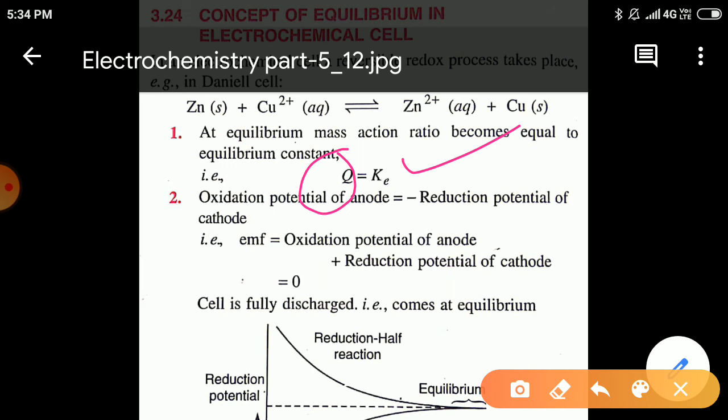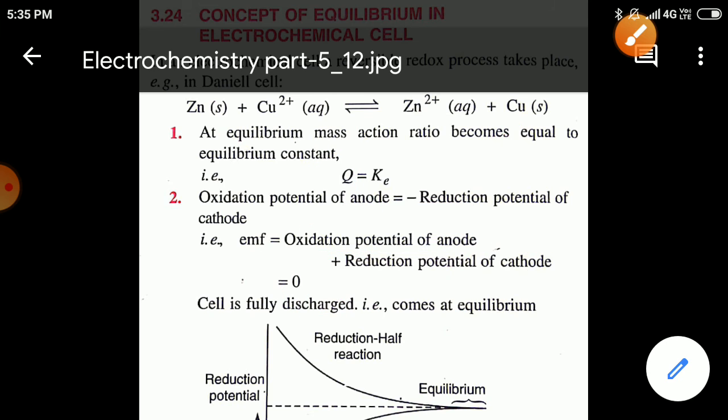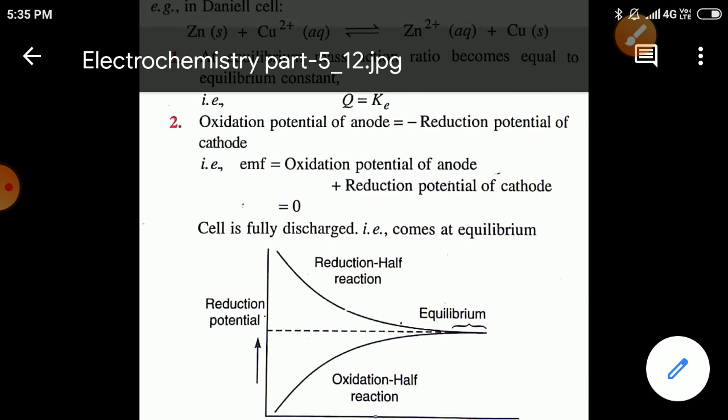Oxidation potential of the anode is found to be equal to reduction potential of the cathode. So in this condition, at equilibrium, EMF, which is the oxidation potential of the anode plus the reduction potential of the cathode, is equal to 0, means at this time the reaction stops. Cell is fully discharged, that is, it comes to equilibrium.